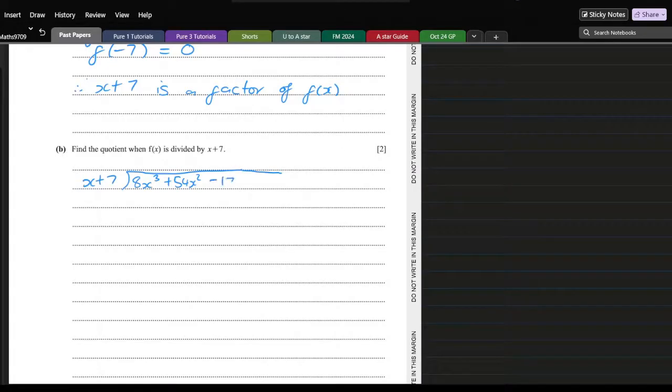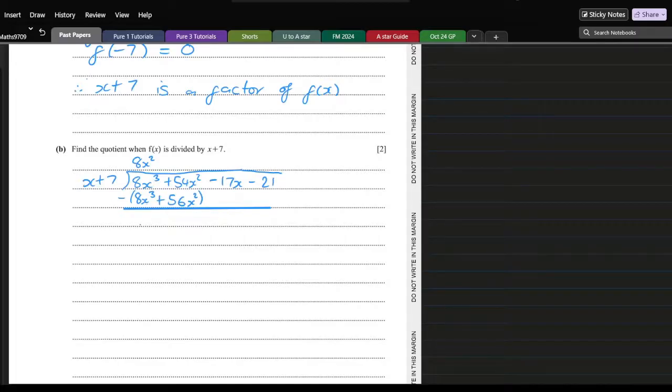Alright, so we're going to say x into 8x cubed, that gives us 8x squared. Then x times 8x squared gives us 8x cubed. Then 7 times 8x squared gives us positive 56x squared. Alright, and now we subtract, 8x cubed minus 8x cubed gives us a 0.